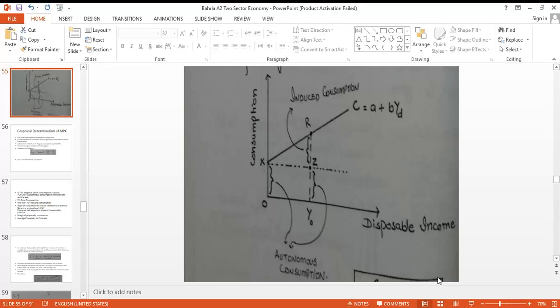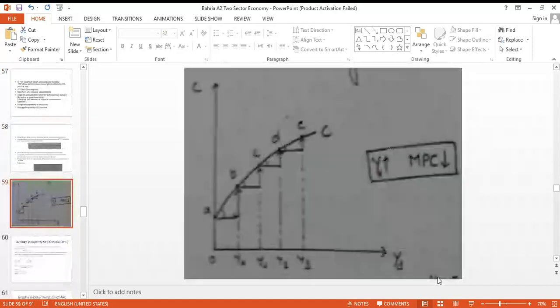So, whatever the gradient is, that gradient will remain the same if it's linear. But in reality, the consumption function is not linear. We will continue this and we will see what happens when it's not linear and how the MPC changes. Thank you very much indeed.